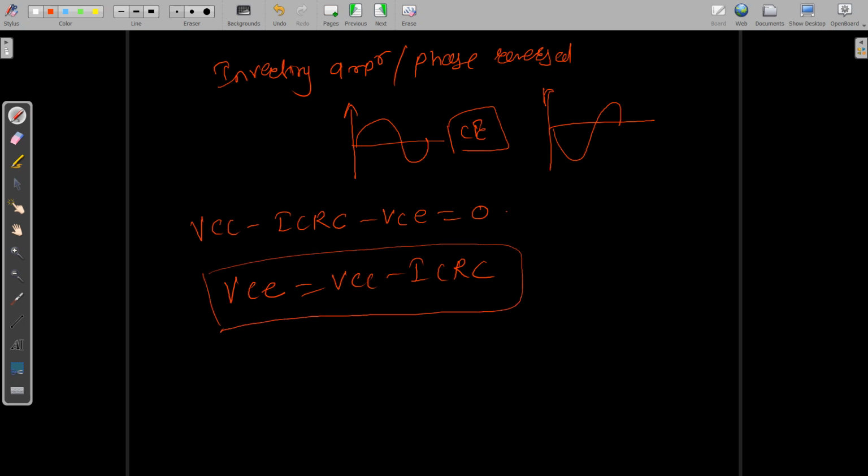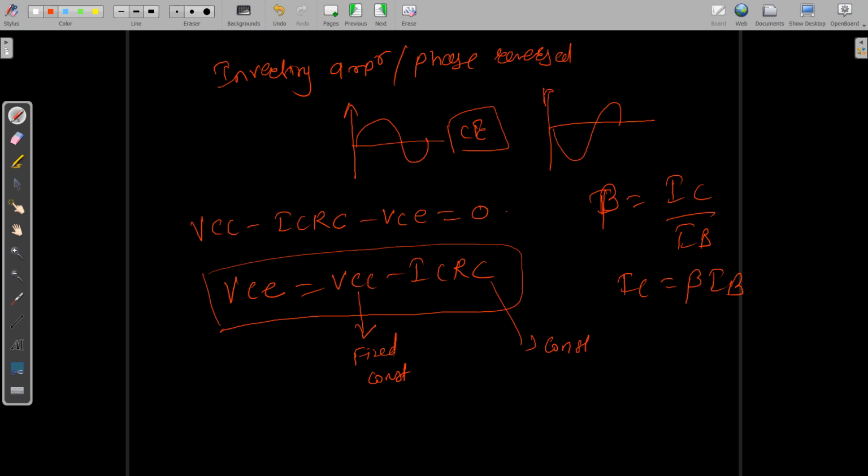What is the relation between IB and IC? We know that beta equals IC by IB, so IC is beta times IB. Now VCC is a DC voltage, which is fixed, a constant. RC is also constant. Now as your Vin is increasing, that means VB is increasing, your IB increases, in turn your IC increases.